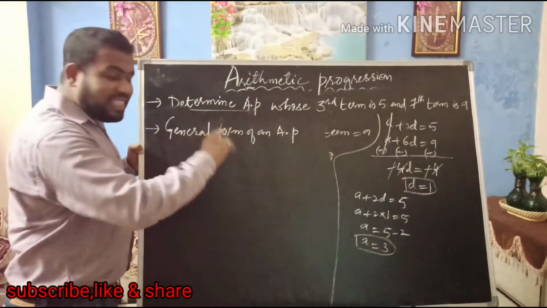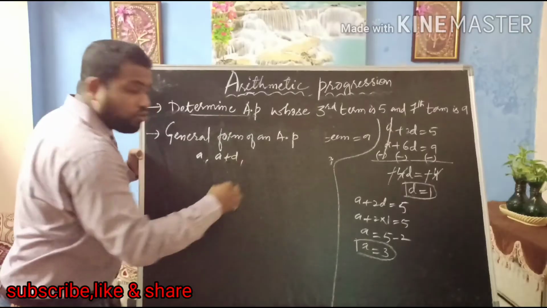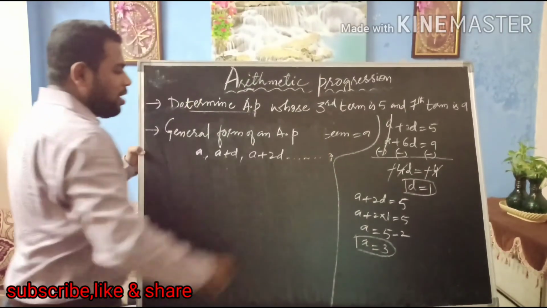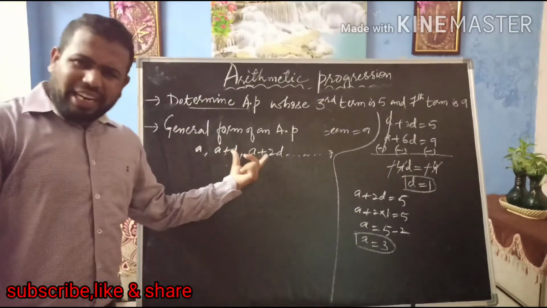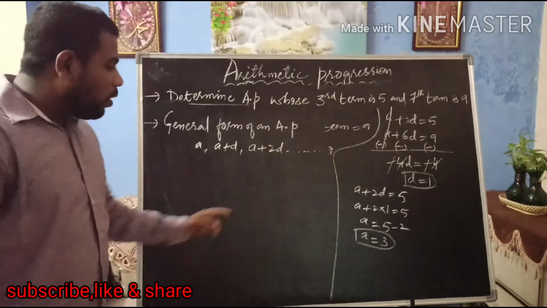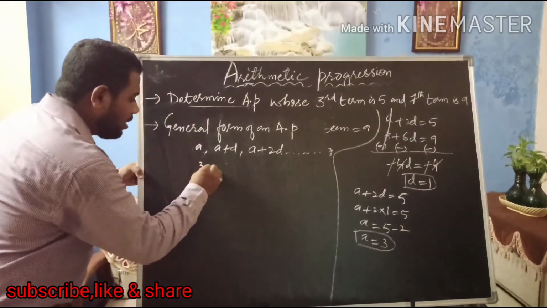What is it? Yeah, we already studied that. That is a, a plus d, a plus 2d, a plus 3d, and so on. But if you are taking the first three terms, that is enough. Okay, a. What is a? We got a as 3. So in place of a, I'm just going to write here 3. That's right.